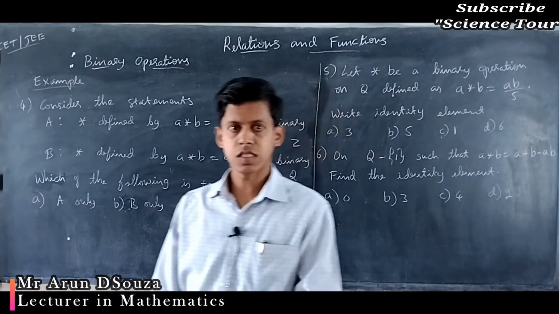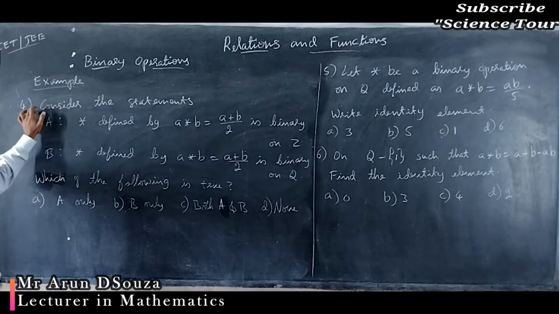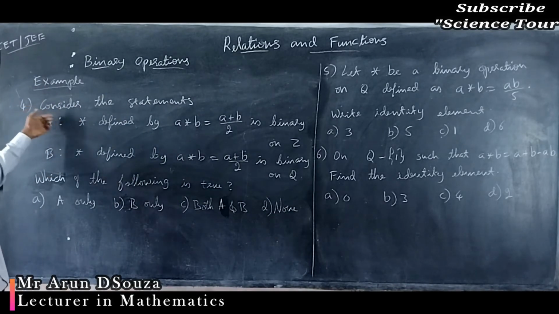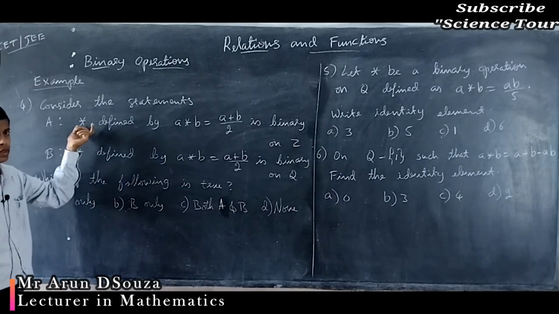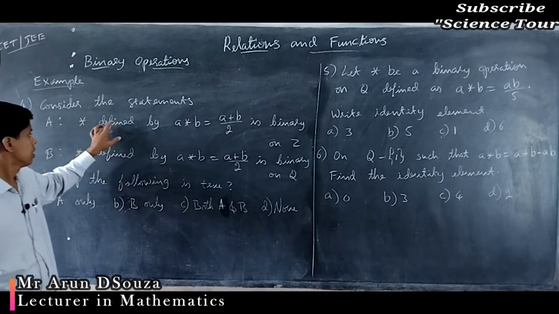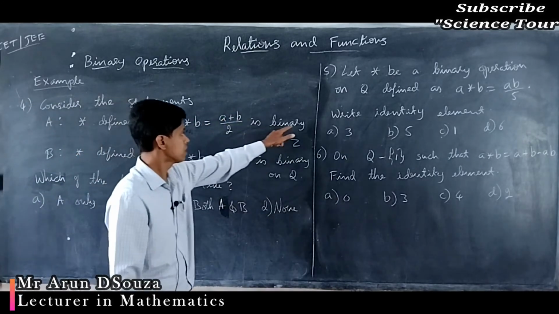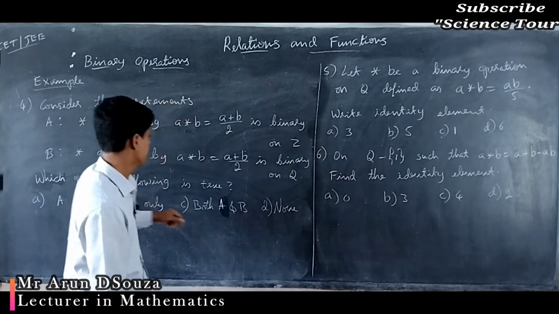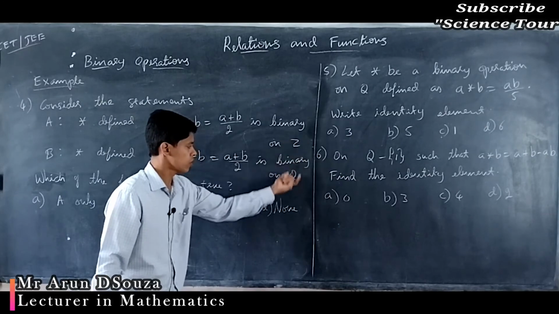Well, dear students, welcome back. So let's go to the fourth question of binary operation. Consider the statements A and B. There are two statements. What is the first statement? Star defined by A star B is equal to (A plus B) by 2 is binary on Z. Okay, and the same operation binary on Q. That's the only difference.